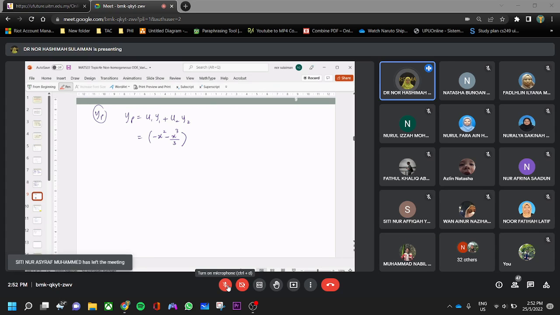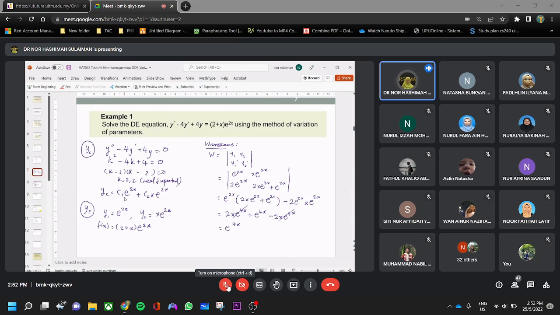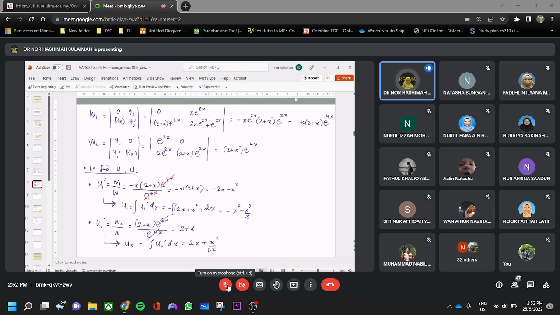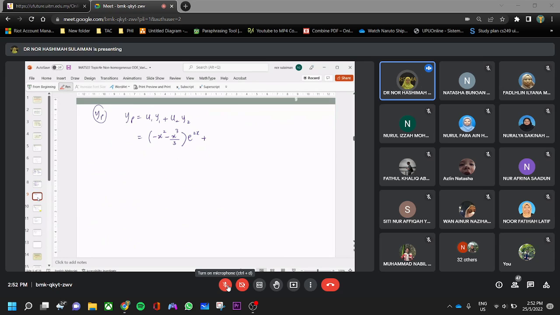Betul. Y1 apa tadi? Dah ingat dah Y1. Y1 e to the power of 2x kat sini. What is U2? U2 just now calculated as 2x plus x squared over 2. So you have put everything in a bracket. So you have 2x plus x squared over 2, right? And then you multiply with y2.